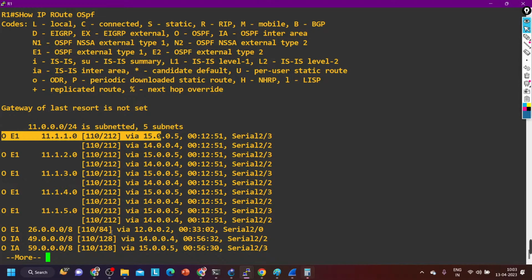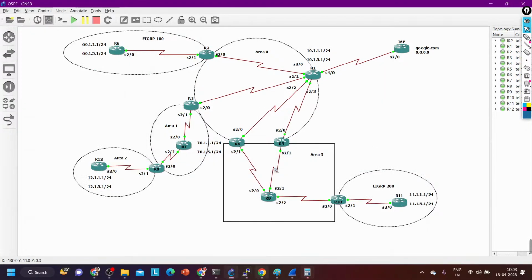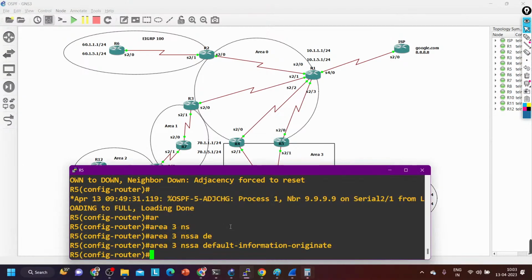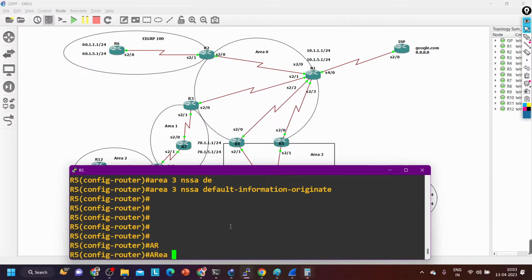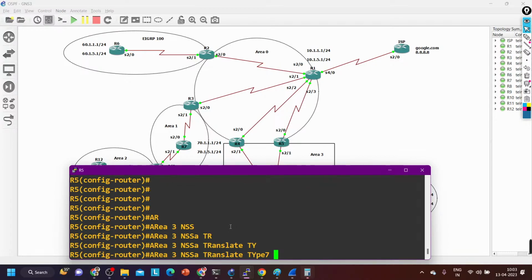Okay, if I set the forwarder address to 0.0.0.0, then what will happen? Let me take you to router number 5 and say area 3 NSSA. After that, translate type 7 into type 5, this order is translating LSA 7 into LSA 5. So here if I say suppress forwarder address, it will suppress the forwarder address.